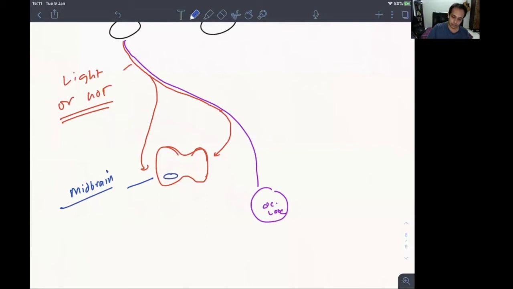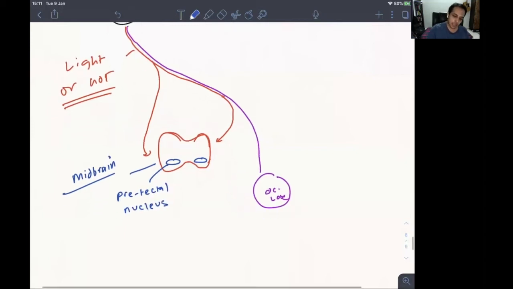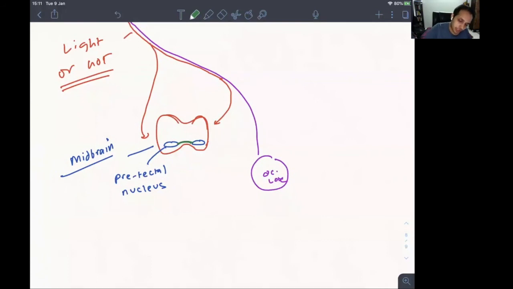known as the pretectal nucleus. And there is one on both sides, and both of these pretectal nuclei are talking to each other. Right in front of the pretectal nuclei are your cranial nerve 3, that is your oculomotor nuclei, and your pretectal nuclei are talking to your oculomotor nuclei on both sides.